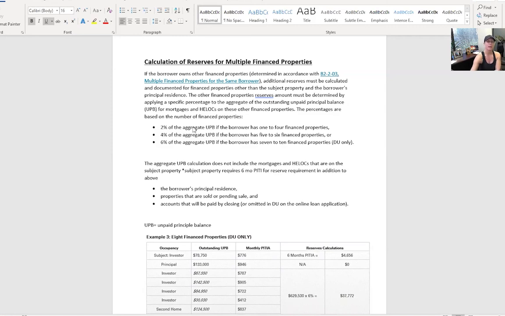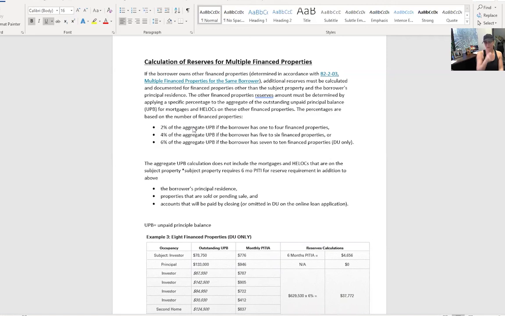So let's say in the example, and I'll take it all the way up to the 10th finance property, our investment properties will all have outstanding unpaid principal balances of $100,000 each. And our subject property, that'll make sense in a second, will have a PITI. What's PITI? Anybody? Principal, interest, taxes, and insurance will have $1,000 a month for the subject property.